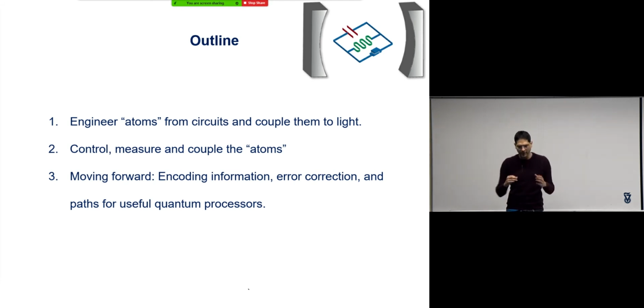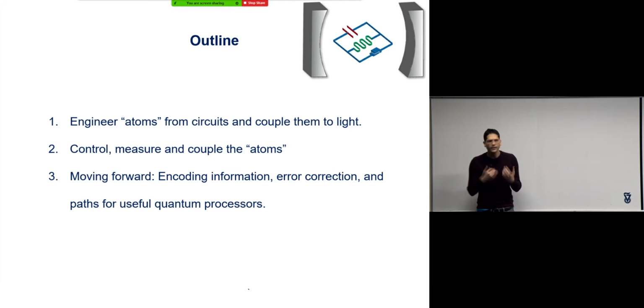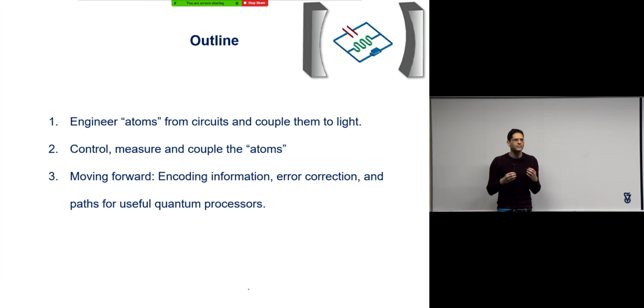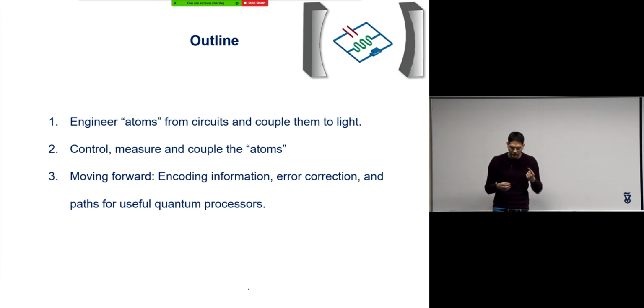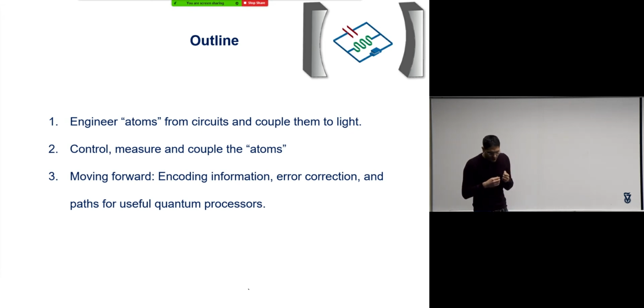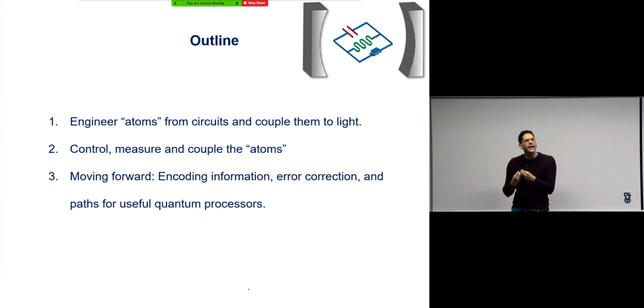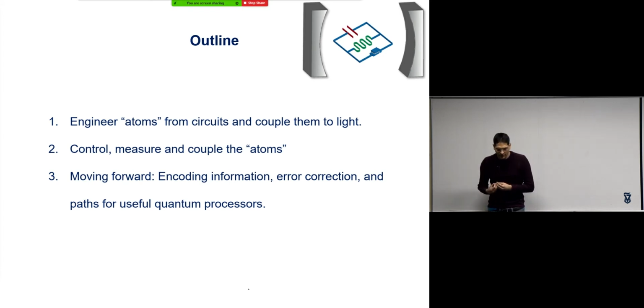So I'm going to put a little bit of rigor behind these words and explain how we engineer circuits and how we get artificial atoms. Essentially, how do 10 to the 23 atoms behave like a single artificial atom? And then I'm going to show you how to couple them to light and get the Jaynes-Cummings Hamiltonian. Okay, so this is the first step.